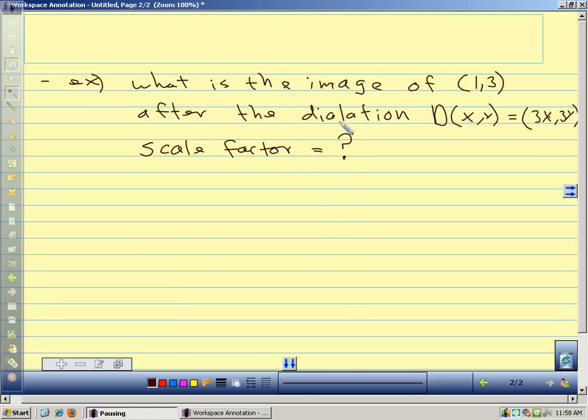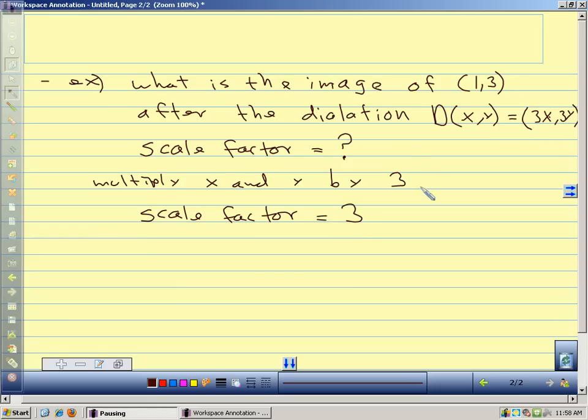Well, this dilation is just telling us to multiply x and y by 3. That's all this is telling us to do. So our scale factor is the number that we're multiplying by. Whatever we're multiplying the x and the y by, the same number, is our scale factor.